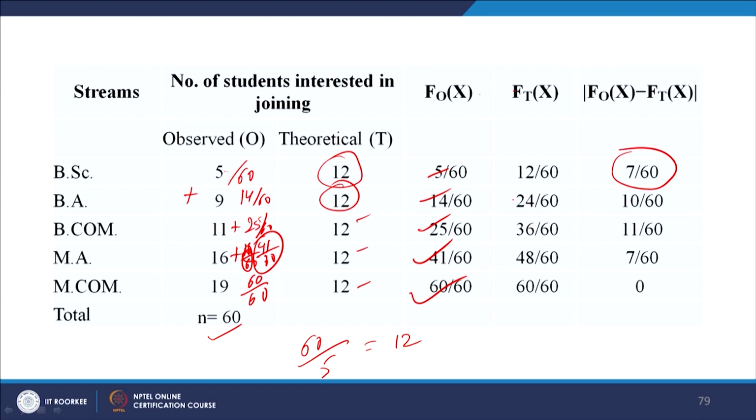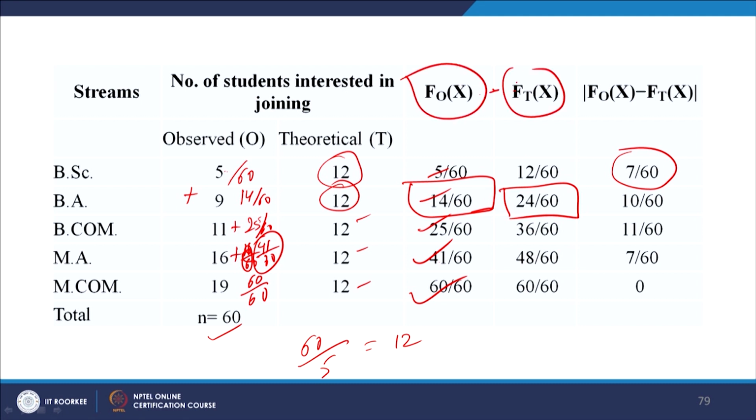Then 24 by 60 minus 14 by 60: the expected minus the observed. So 24 minus 14 is 10; 36 minus 25 is 11 by 60; 48 minus 41 is 7 by 60; 60 by 60 minus 60 by 60 is 0. So, we got the differences.